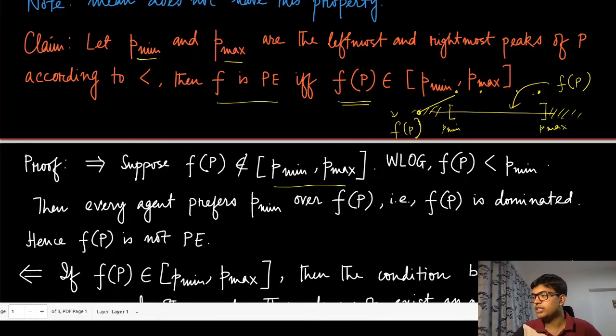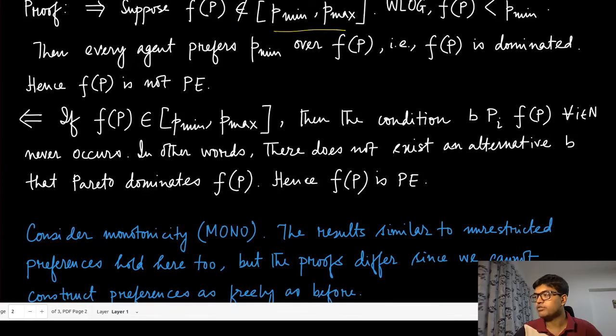So let us look at the other direction, the if direction. That is, if f of p lies between these two points, P min and P max, then it must necessarily be Pareto efficient. And that argument is also quite straightforward. Then you cannot really find a condition that there exists some b which is strictly preferred by all the agents over this current outcome f of p.